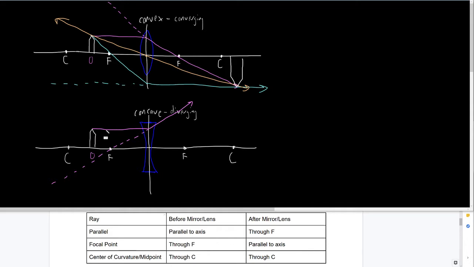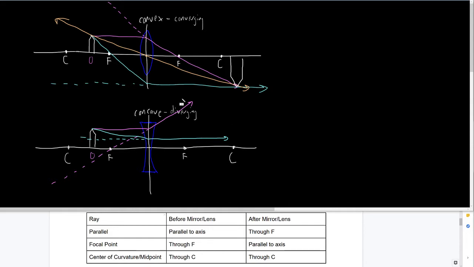So I'm on the blue, I need to make it about right there. Got a little wobbly there, but that's all right. Now we're going to go parallel to the axis, with a dotted line on this side. That should be good enough.